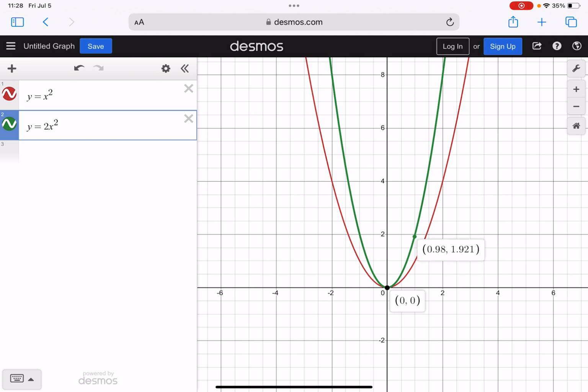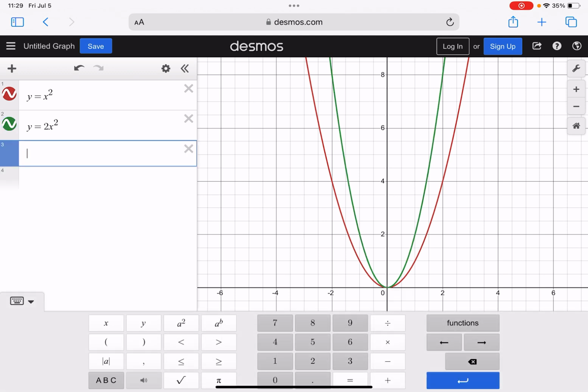Instead, you have a point at 1, 2. What does this mean? Well, it's accelerating the graph upwards at a faster rate. In other words, we would say that it's steeper. Even if it's up or down, technically the change in the stretch is a steeper one.